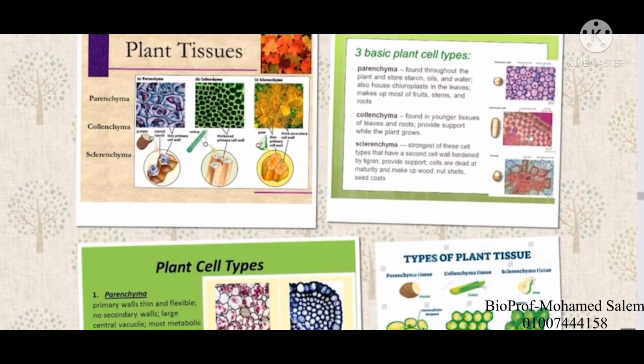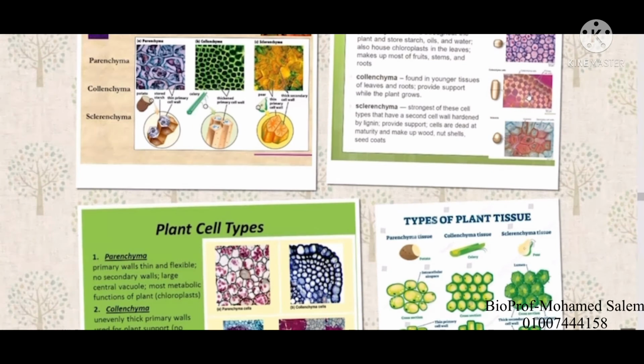So they are found in the leaves of the plant. And sclerenchyma has no nucleus or protoplasm. So they are making up wood and nutshells.